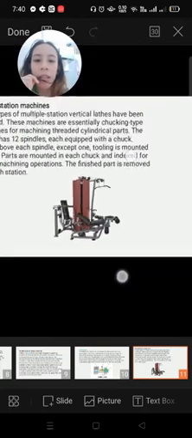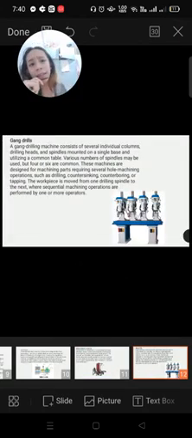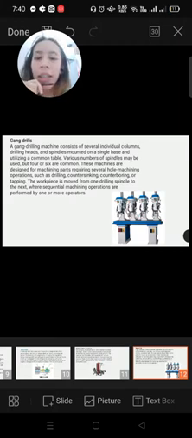So next is gang drills. A gang drilling machine consists of several individual columns, drilling heads and spindles mounted on a single base and utilizing a common table. Various numbers of spindles may be used, but 4 or 6 are common.